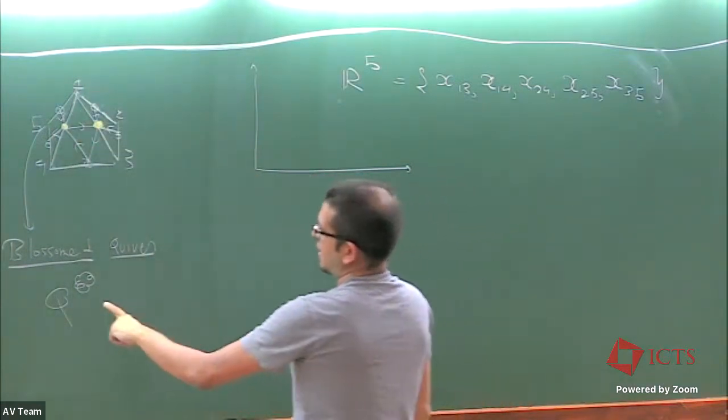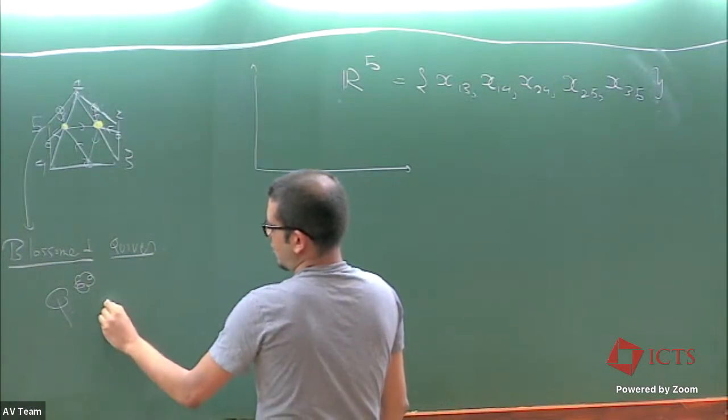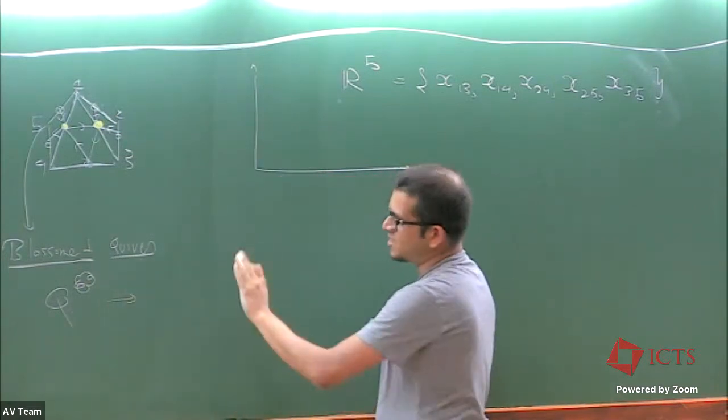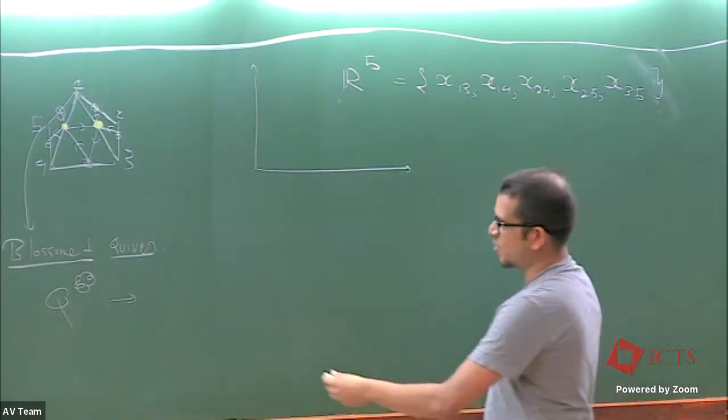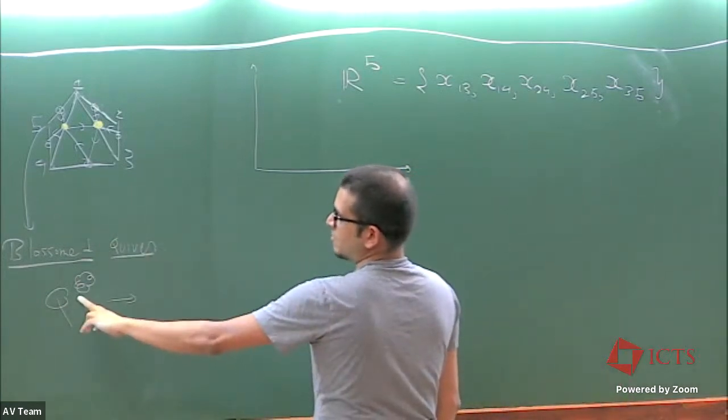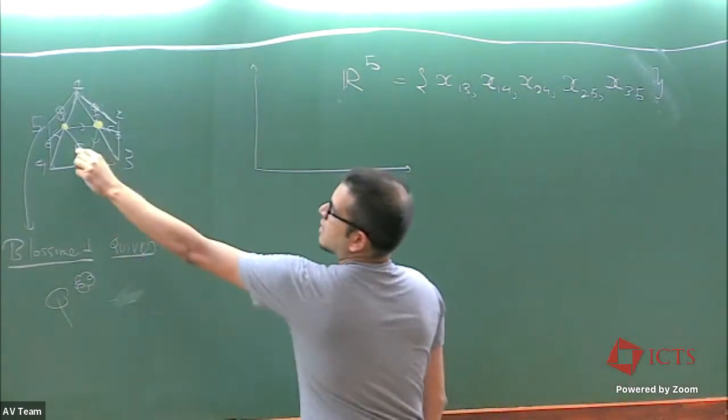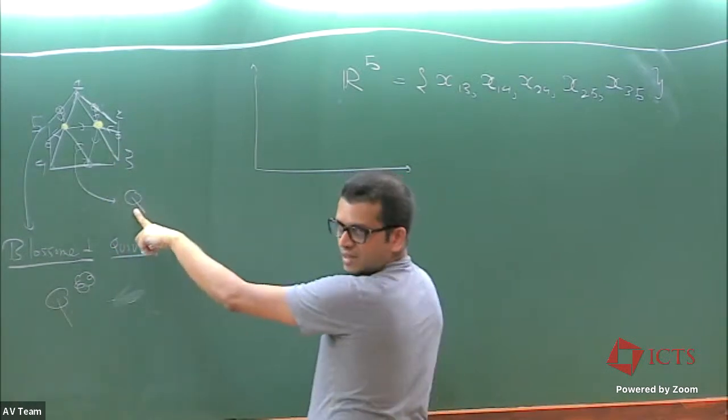Starting from here, you can generate what is called a gentle algebra. I'm just indicating it because most of you may be more interested in this. We have this Q hash quiver and the quiver Q, which is the dissection quiver we started with.